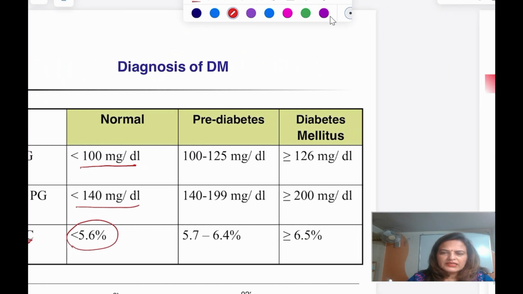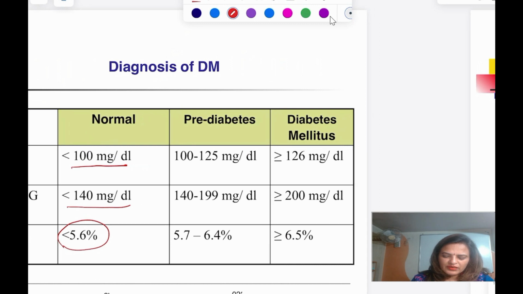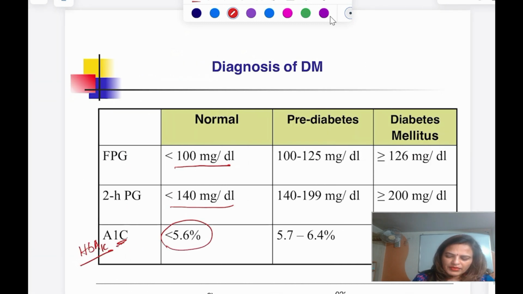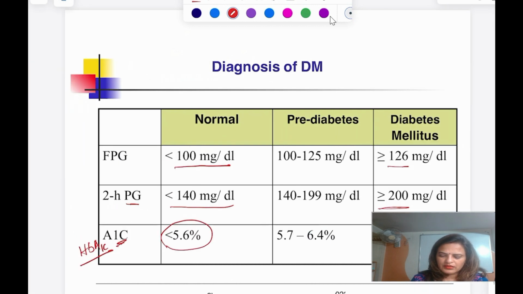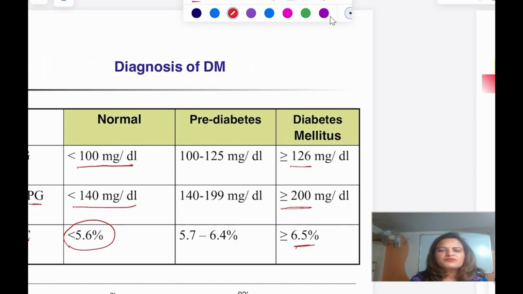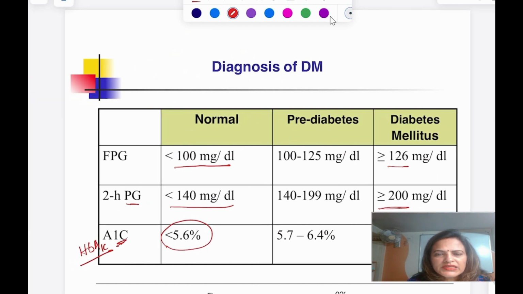In diabetes mellitus, if the fasting level is more than 126, we will say the patient has diabetes mellitus. If the postprandial level is more than 200, we will say it is diabetes mellitus. And if HbA1c is more than 6.5, it is diabetes mellitus.